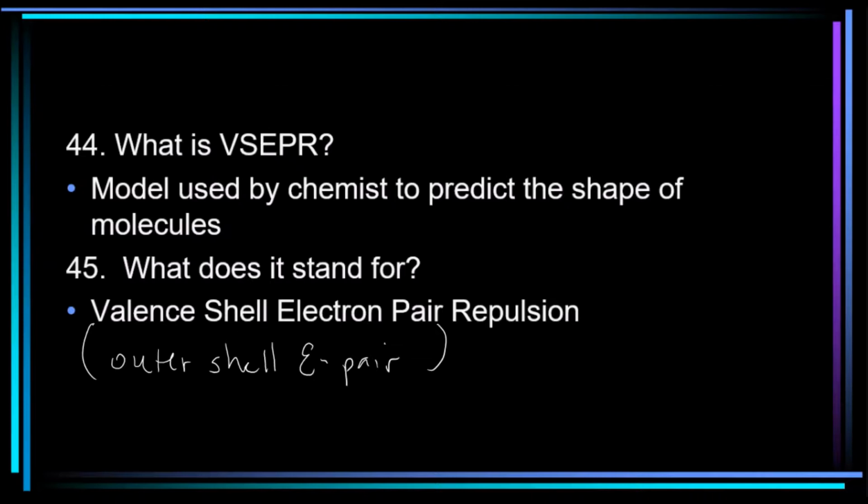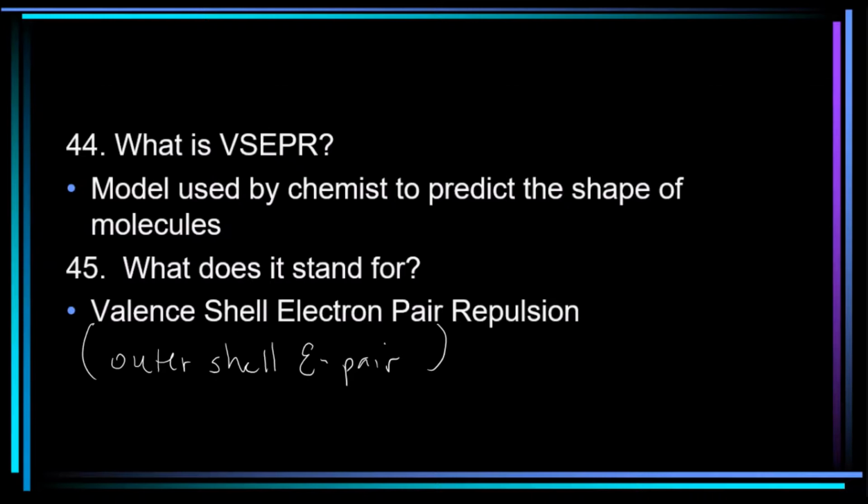Okay, so valence shell just means outer shell. So it's those top 8 electrons. The electron pair, as we've already seen, they come in pairs, don't they? Repulsion model. Okay? Ever met somebody that you're repulsed by? You just cannot wait to get away from them.